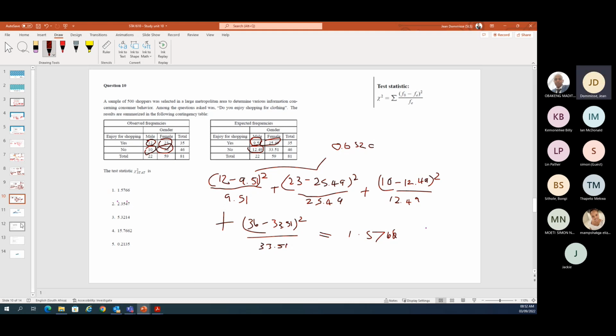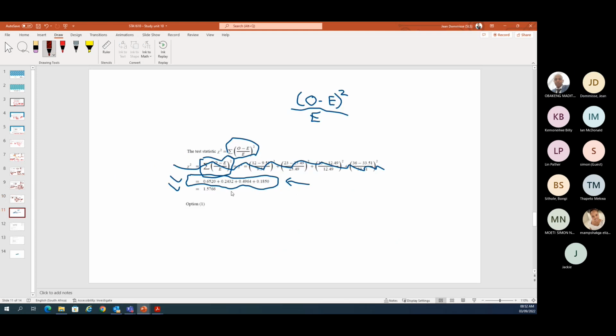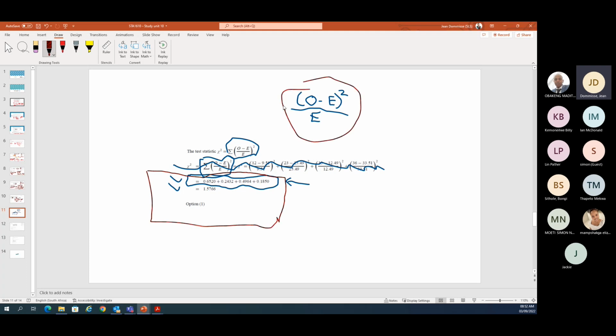Okay, so in your extra study guide with examples, that part is still right. But just look at the mistake that they've made in the calculation, or in the formula.